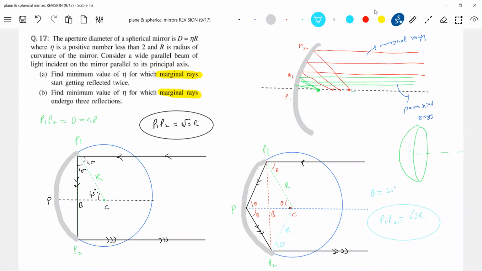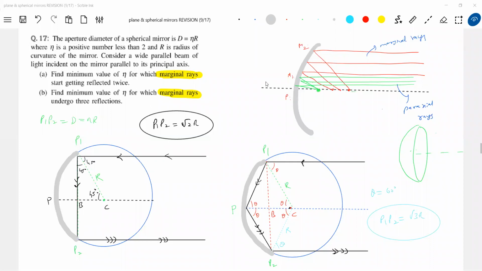How did you take them both equal to theta? Angle at P and angle at C. Sir, angle at P is equal to theta. These two angles, P1 P C and C P P2?